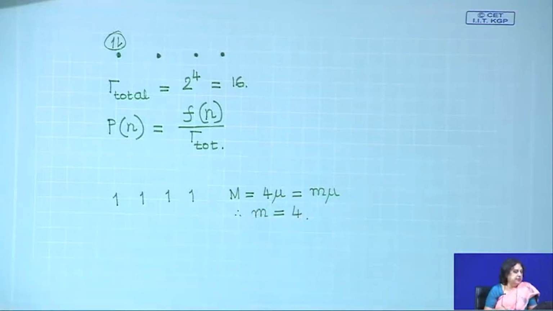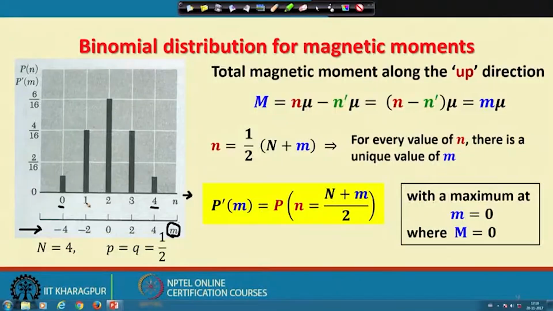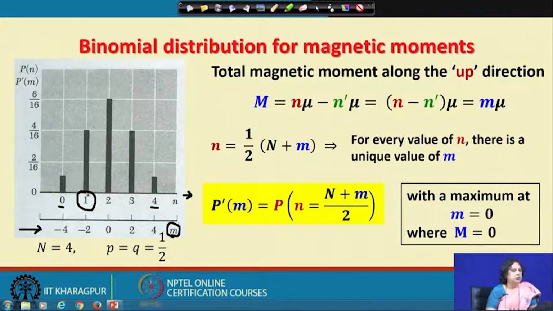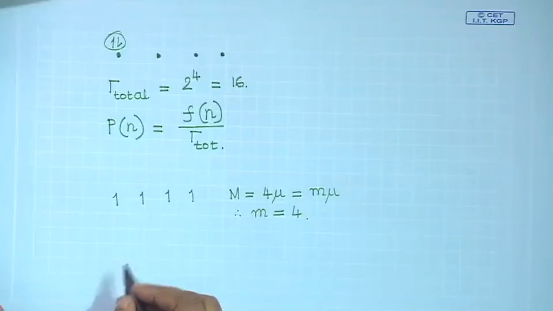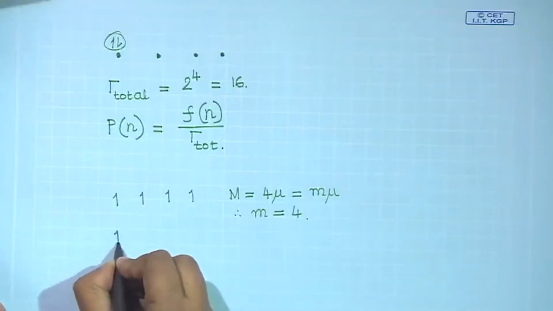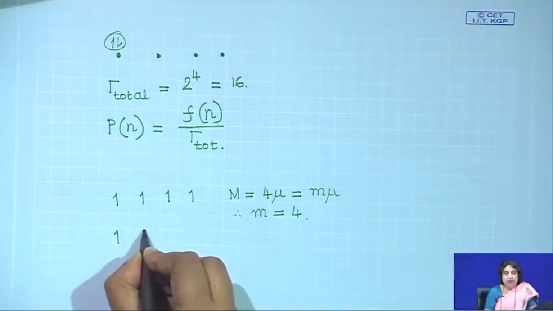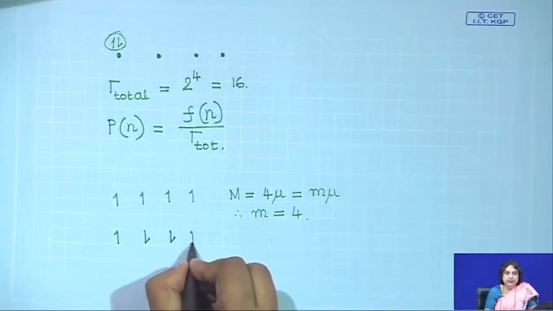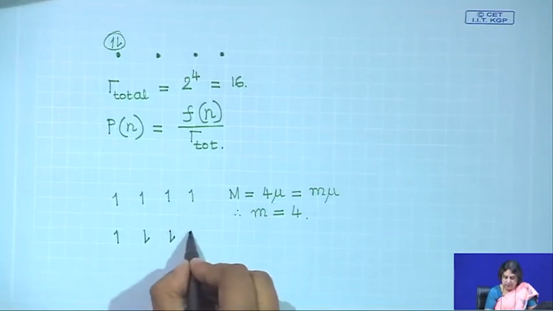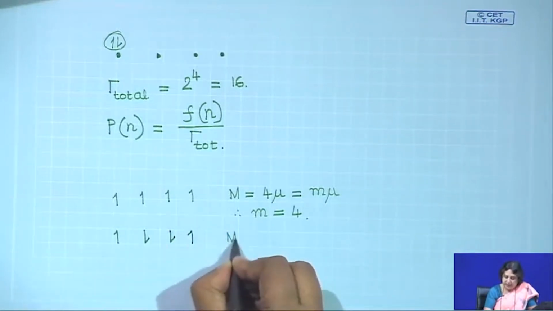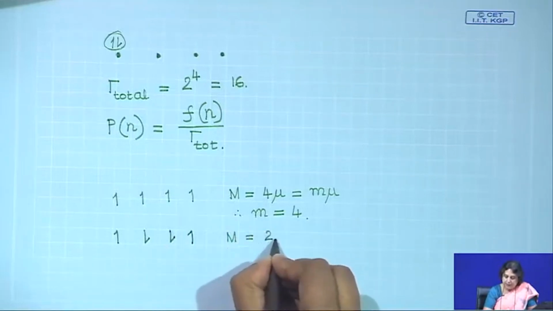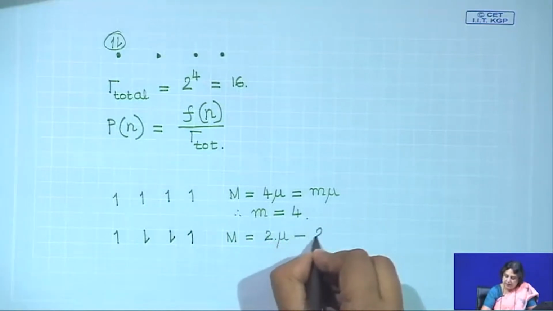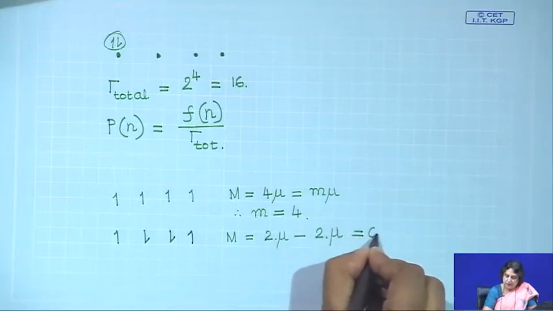Now consider the case where small n is equal to 1. Let me take a typical microscopic state with 2 up spins and 2 down spins. This will give capital M equal to 2 up spins with mu minus 2 down spins with mu, that is equal to 0.